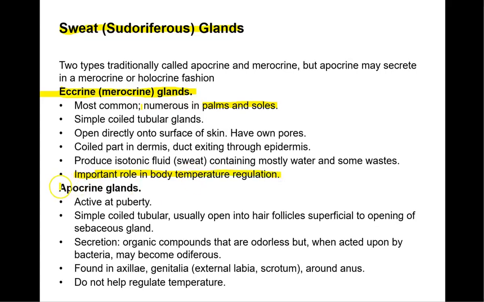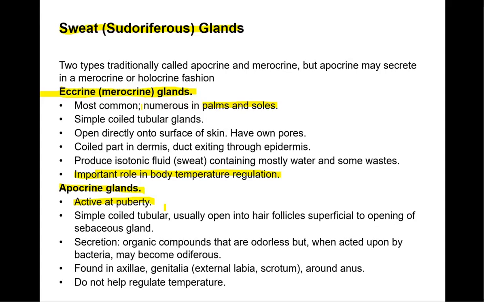Apocrine sweat glands become active at puberty, and this is the type where the top half of the cell is secreted along with the secretion. So with the merocrine or eccrine glands, no part of the cell is shed along with the secretion, the sweat that's secreted. In the apocrine glands, the top half of the cell is shed along with the secretion.